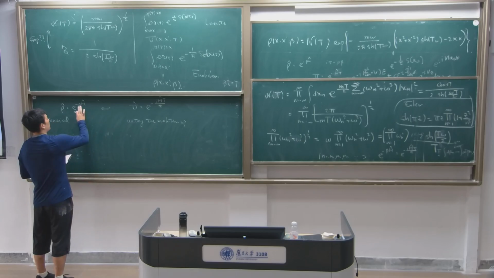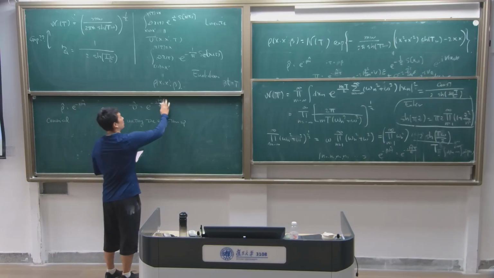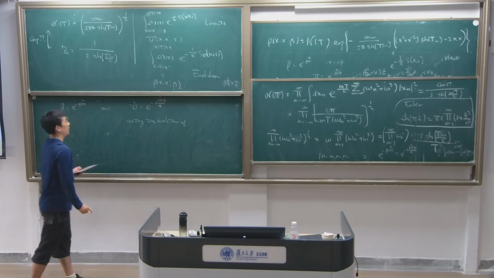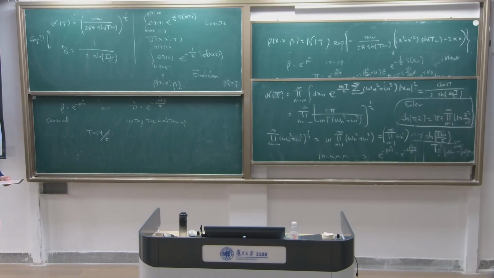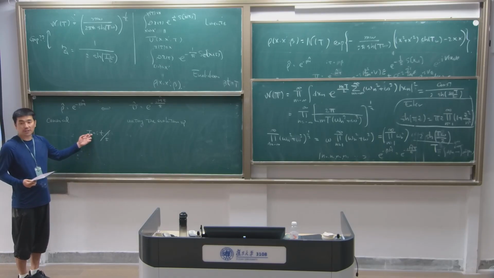To do that, we treat this as imaginary time, and small t, and they are related by tau equals i t, with h over h bar. Therefore, this tau can be treated as Euclidean time. And then the density matrix is the evolution in imaginary time.